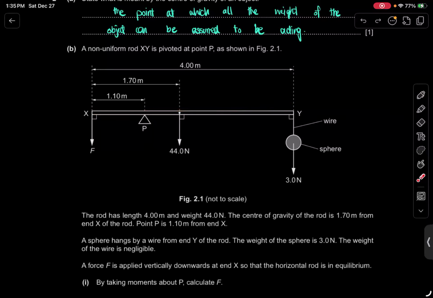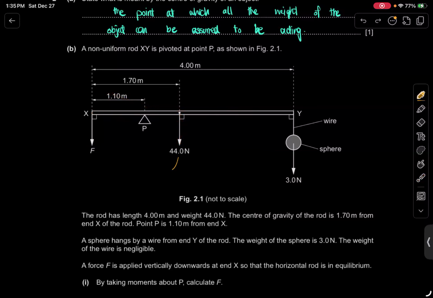First, what you should do is take the pivot and remove all the objects and see where the rod would pivot. Keep adding the objects one by one to see what would be the effect of each force. If I remove F and the sphere, then because there's too much weight on one side, the rod is going to tilt like this.